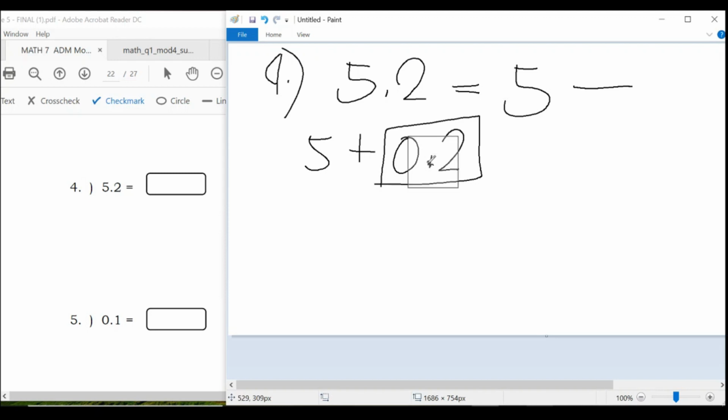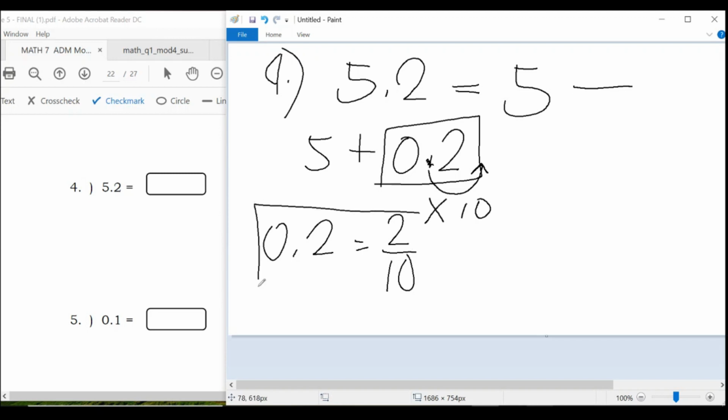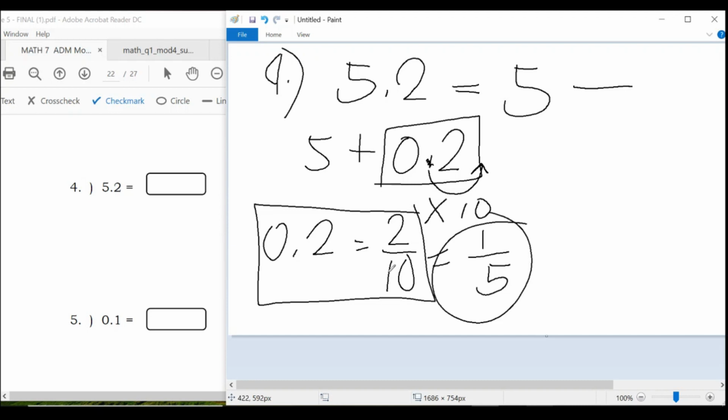So si 0.2 gawin nating whole number, mag-move ng isang place to the right, which means times 10. So si 0.2 pala, ang katumbas niya sa fraction ay 2 over 10, which still can be expressed to lowest term, that is 1 over 5. Kasi common factor niya si 2. In simplest form, this is 1 over 5. Therefore, ang ating mixed fraction is 5 and 1/5.